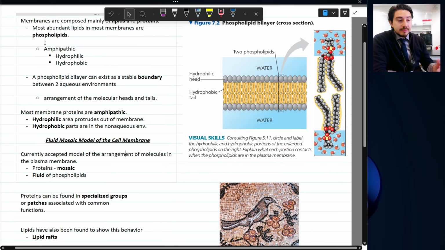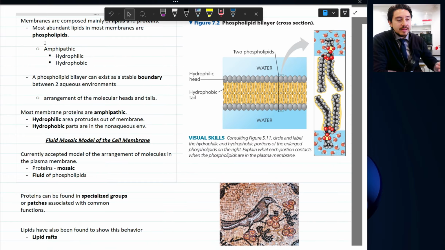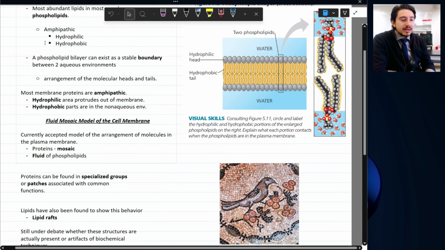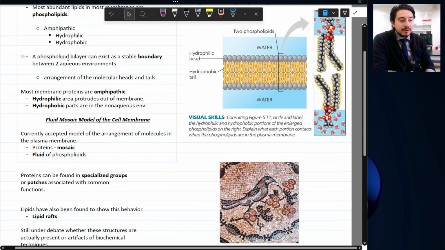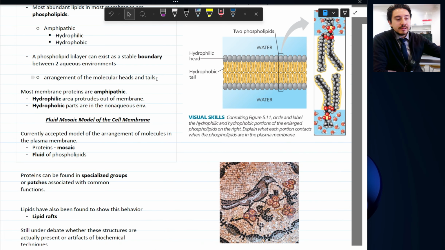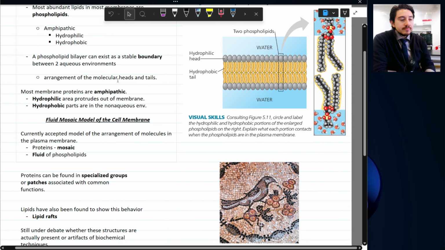These are lipids that are amphipathic, meaning that they have regions that are hydrophobic, water-fearing, and regions that are hydrophilic. Because of this property, they form a phospholipid bilayer, which creates the boundary of the cell membrane. And it can divide the cell's internal contents from the extracellular environment.